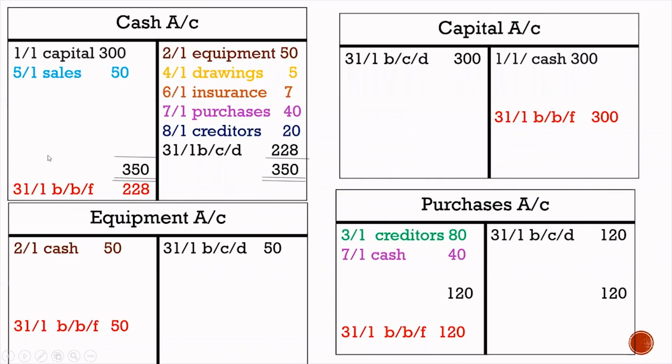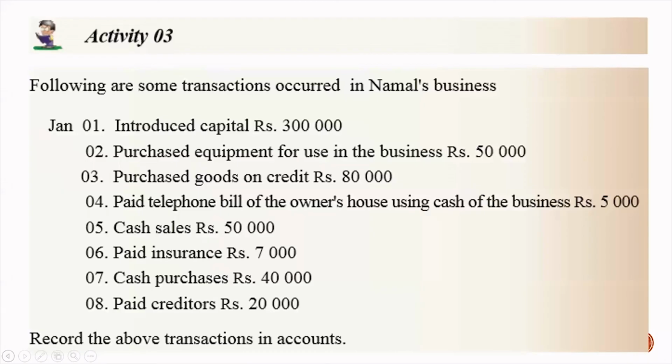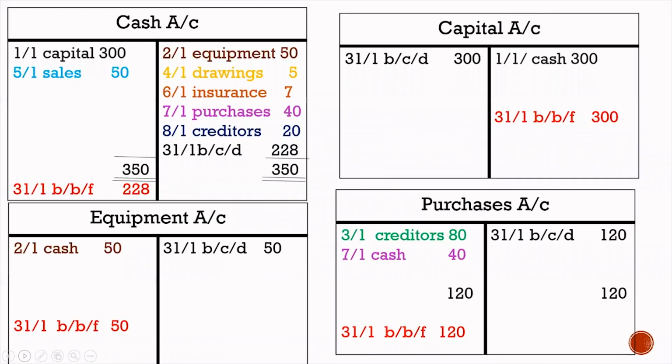This was the former example I took, the activity number 3, the same one I used to explain how we balance off and how we create the trial balance. This is the cash account. You can see the higher amount is 350.